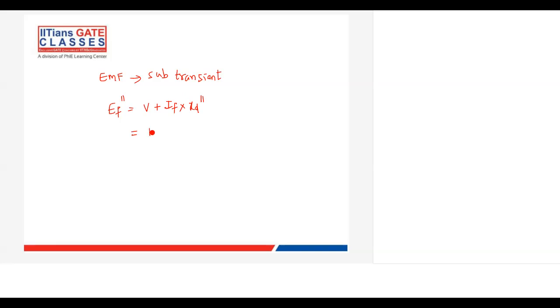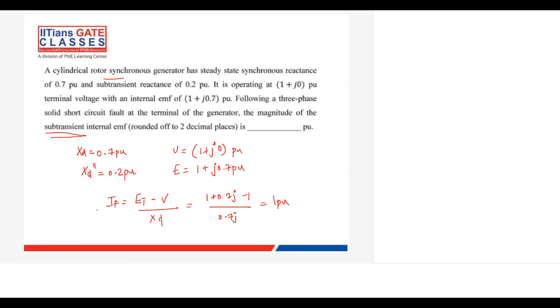So this will be 1 plus 1 into J0.2, so you will get 1 plus J0.2, and since they are asking for the magnitude, you will get 1.09. So the answer is 1.09.